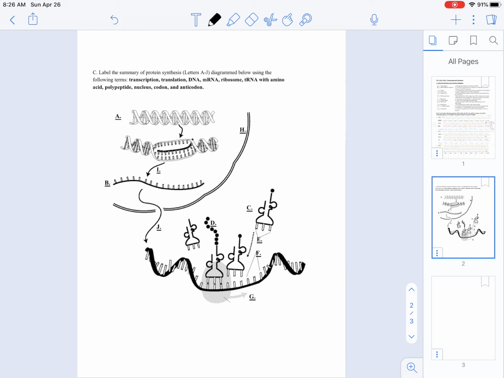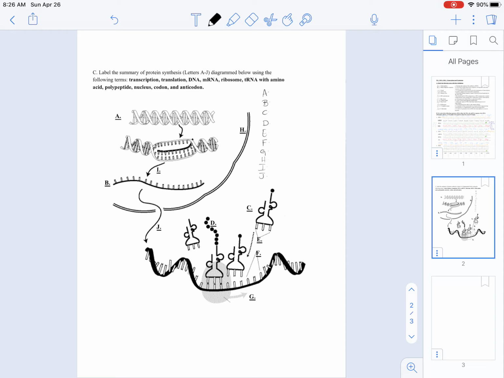So I'm going to write down the letters because we need to be labeling the parts from A through J. So we have A, B, C, D, E, F, G, H, I, and then J. Let me write them a little bit higher up. This is A, B, C, D, E, F, G, H, I, J.